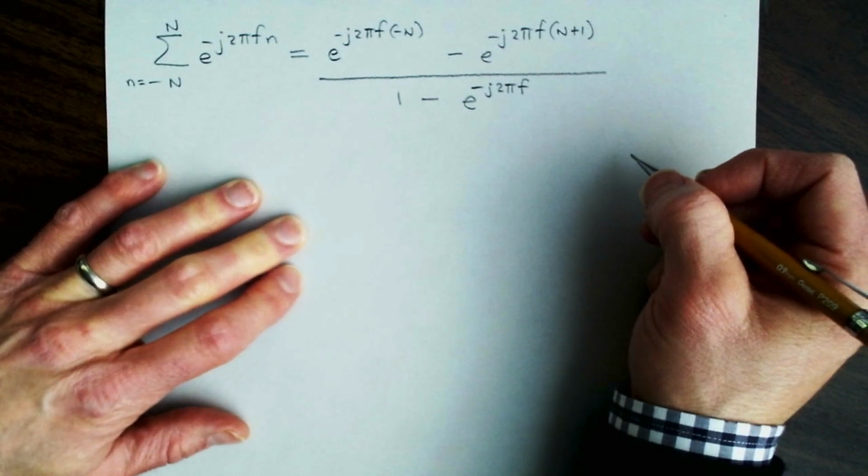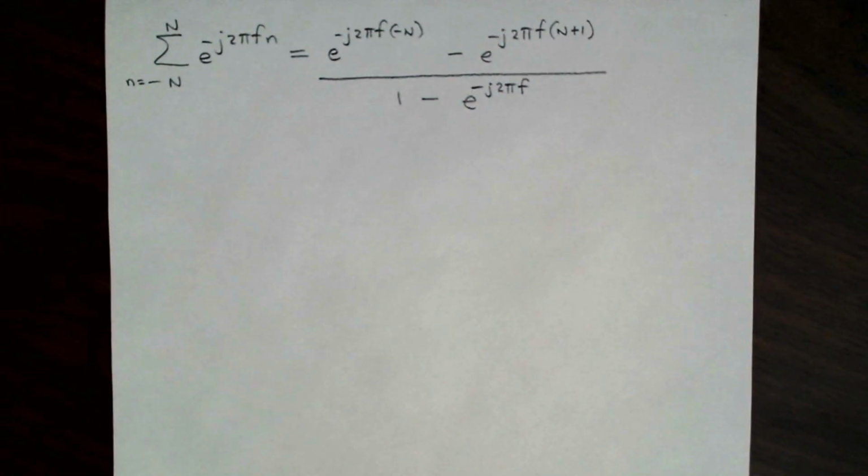That's the answer. Now, if you have seen the video on the exponential integral, whenever we integrate an exponential, we get a sine expression and ultimately a sinc function. We'd like to repeat that sort of thing here.